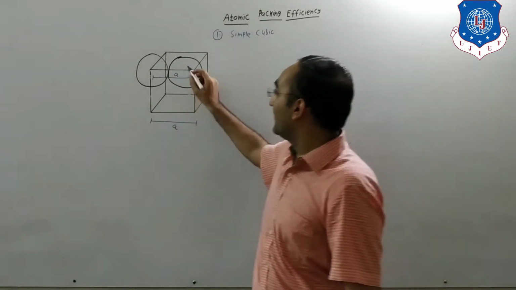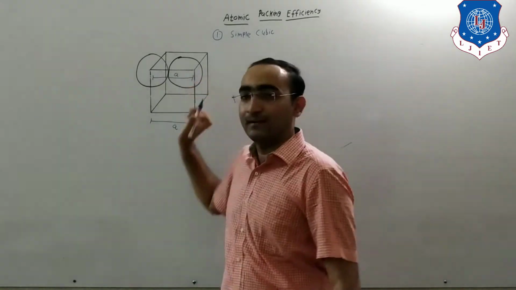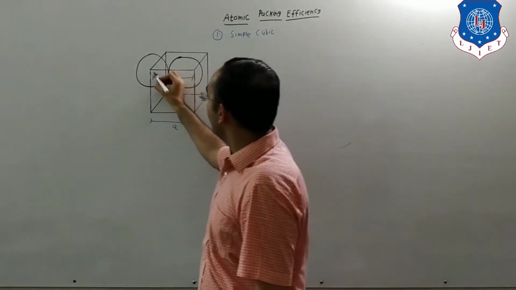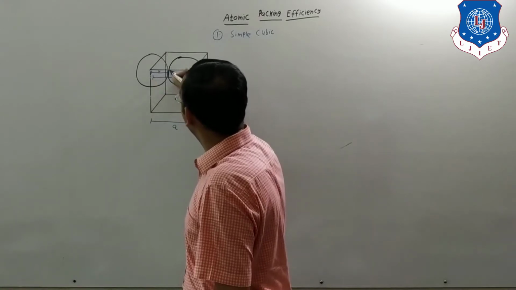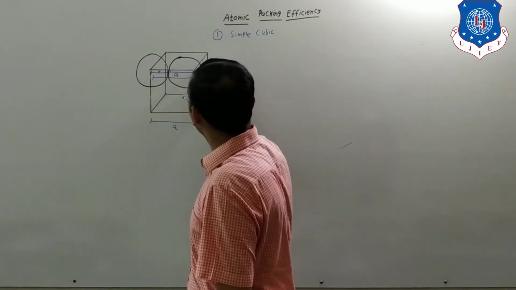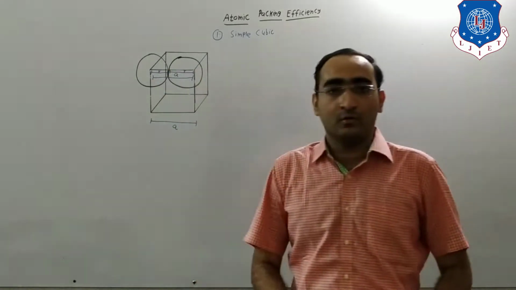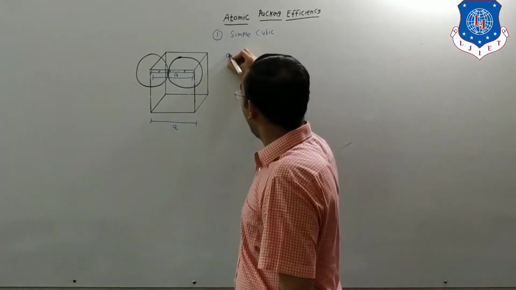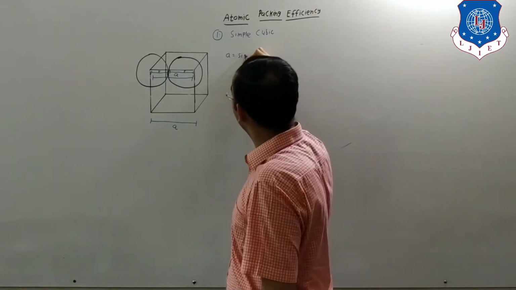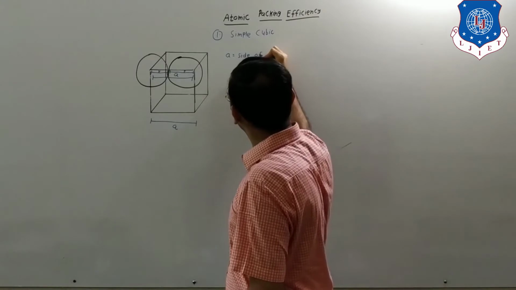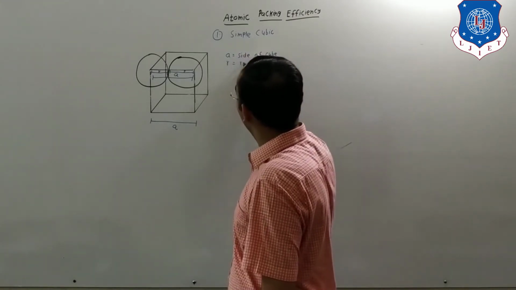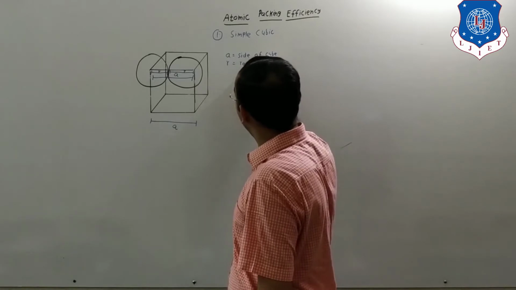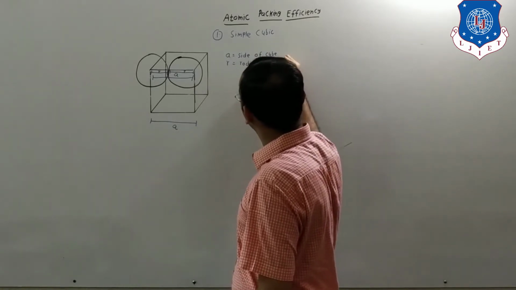That's why we are taking it as side A. This is known as R, and this is also R. So A is equal to the side of the cube and R is the radius of the atom.